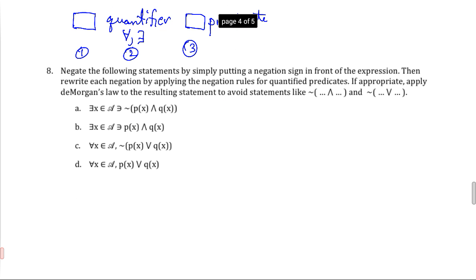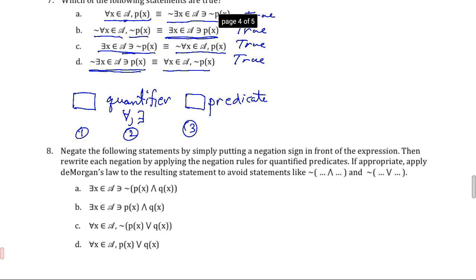It turns out, okay, let's read the directions on this one. Negate the following statements by putting a negation sign out front, then rewrite the negation by applying the negation rule for quantified predicates, if appropriate, and apply De Morgan's law to the resulting statement. Okay, let's do this. Let's negate it, and I'm going to negate it right here for simplicity, to keep the amount of writing down.